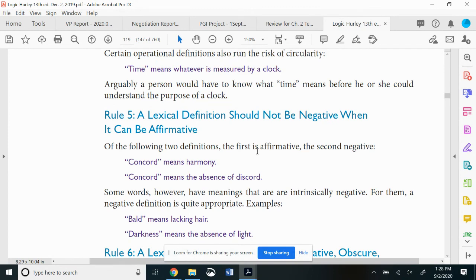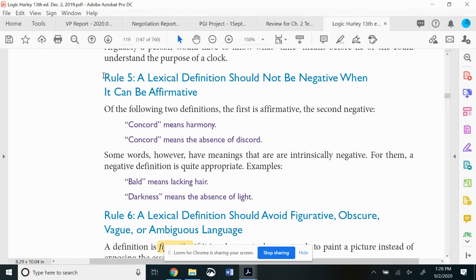If you have the choice of doing it in the positive, describing in the positive, that's when it's lexical. But when you have a chance of describing in the positive or the negative and you choose the negative instead, that's when you violate this rule.